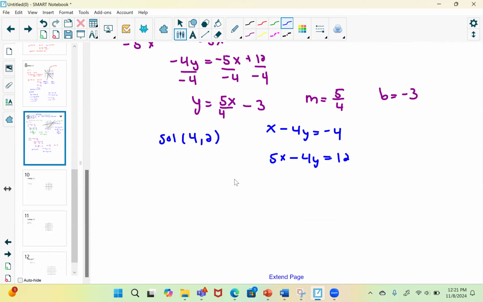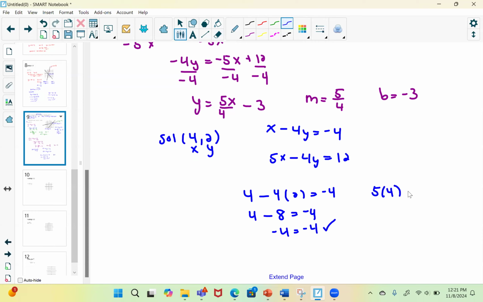So if I plug it in, x is 4, y is 2. I have 4 minus 4 times 2, and I'm trying to see, does that equal -4? So 4 minus 4 times 2 is 8. So -4 equals -4. That's good. Again, make sure you check it in both.